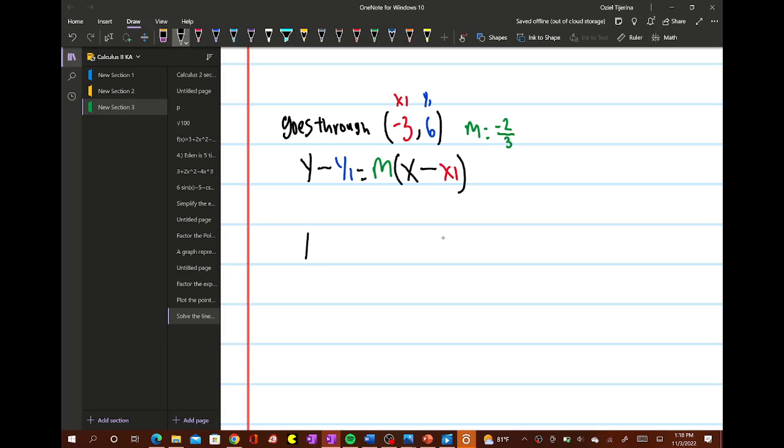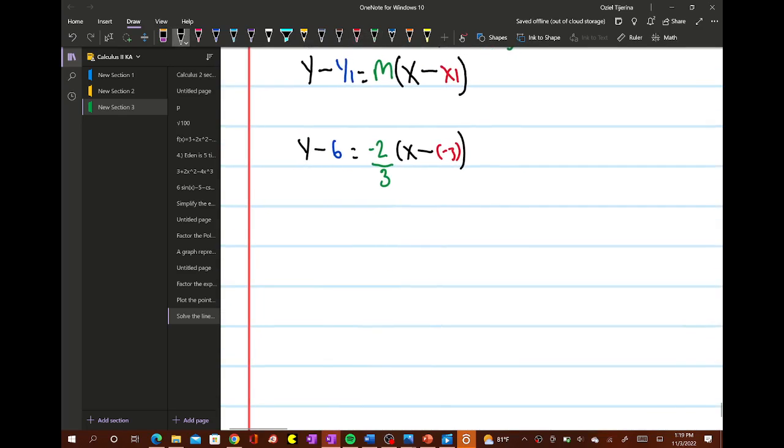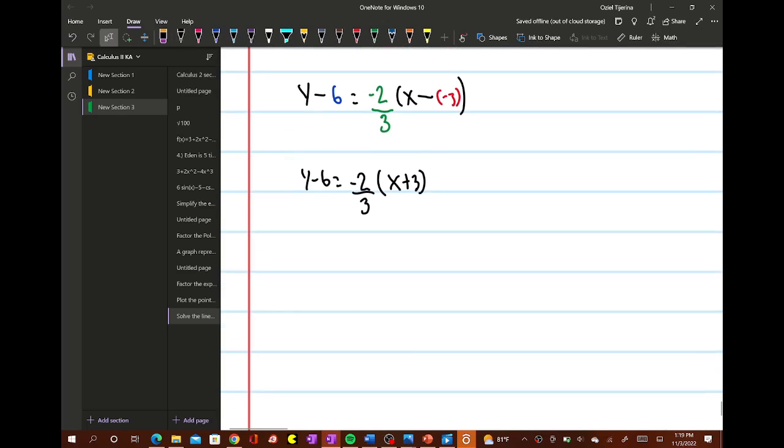So we have y minus 6 equals -2/3 times x minus -3. Then y minus 6 equals -2/3 times x plus 3, since x minus -3 is x plus 3. Our goal is to solve for y to get it into slope-intercept form.